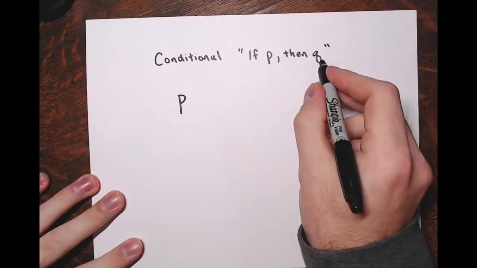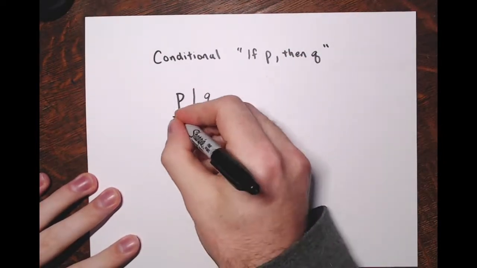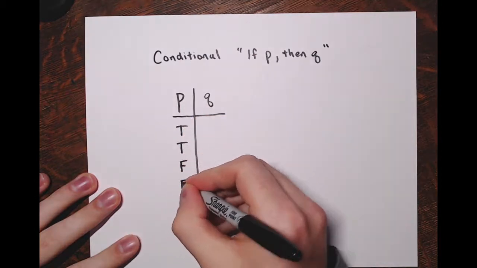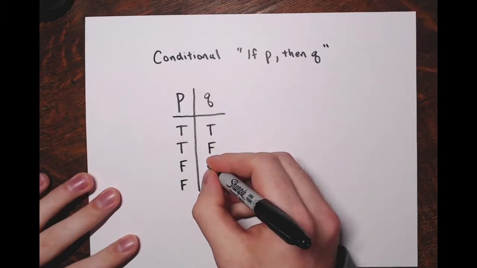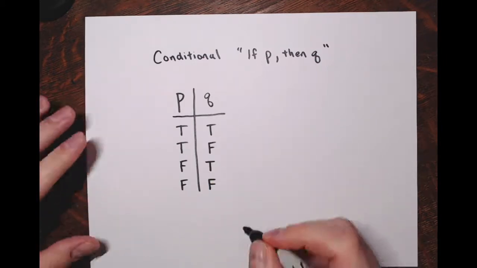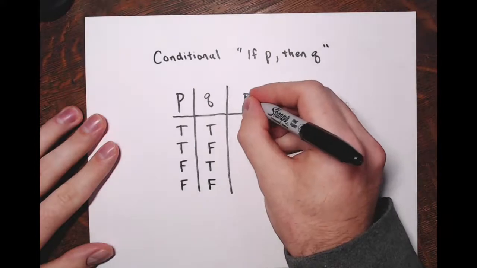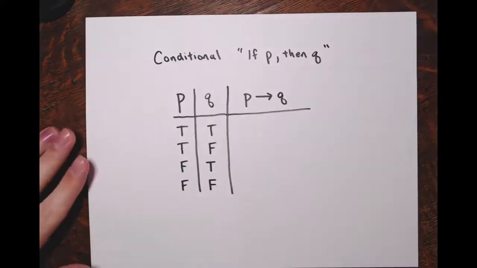There are only two propositions here, so there are going to be 4 rows in the truth table. And you've seen me make these now. All 4 possible combinations of truth values for 2 propositions. Then if P then Q, or again, P implies Q.